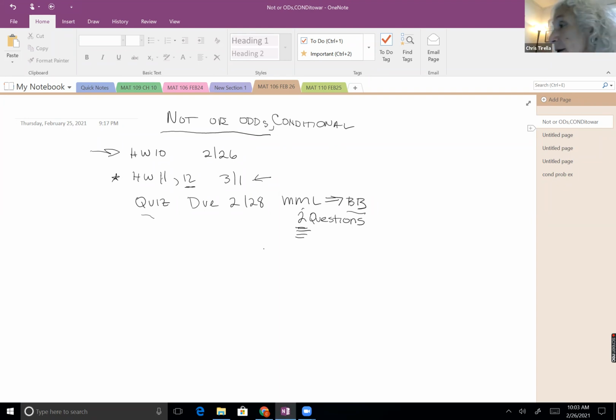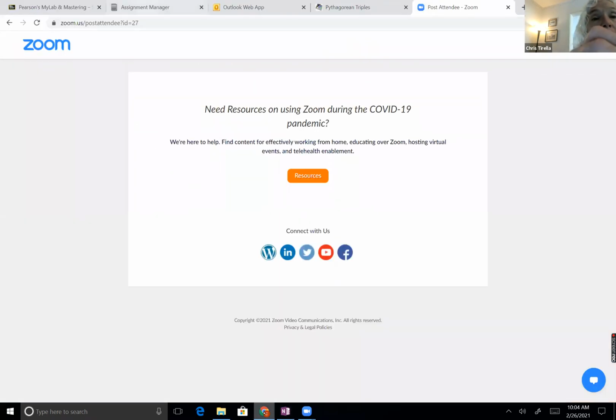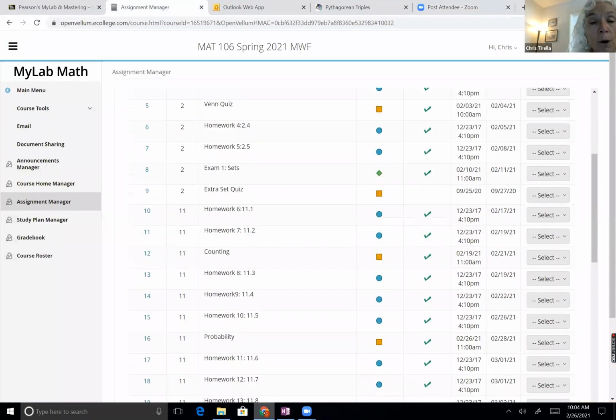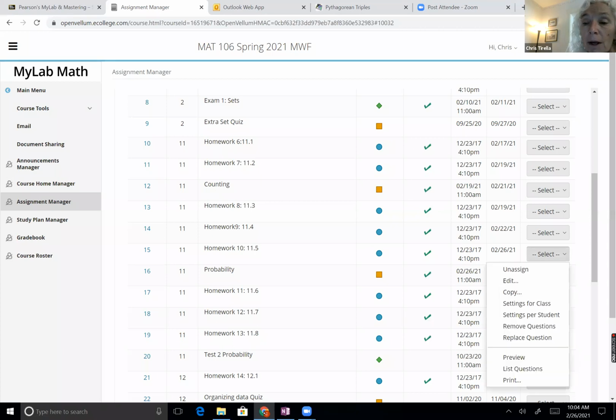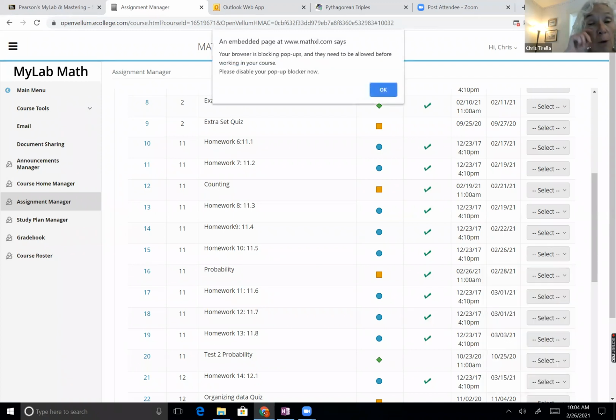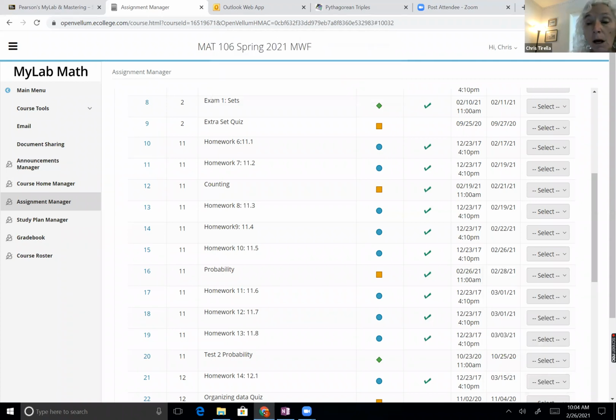I have already gotten requests to look at some of that homework 10. We can't do all of them together, but we can do a couple of them together. If the computer lets me preview homework 10, let's try that again.